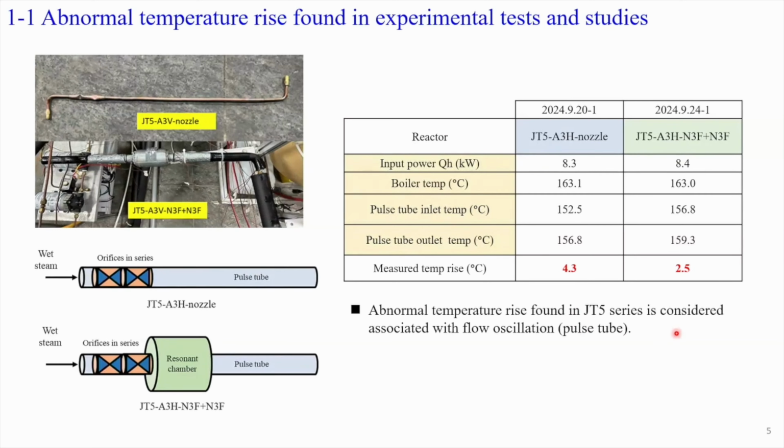We believe that this temperature rise effect is similar to the flow oscillation that happens in a pulse tube of a cryocooler. Therefore, we try to use the LFNA together with the pulse tube theory point of view to explain this abnormal effect.